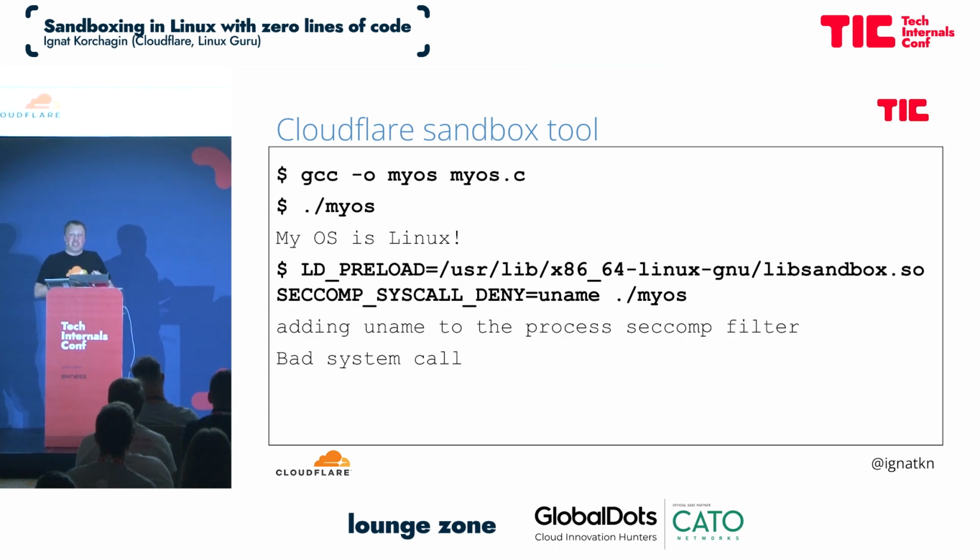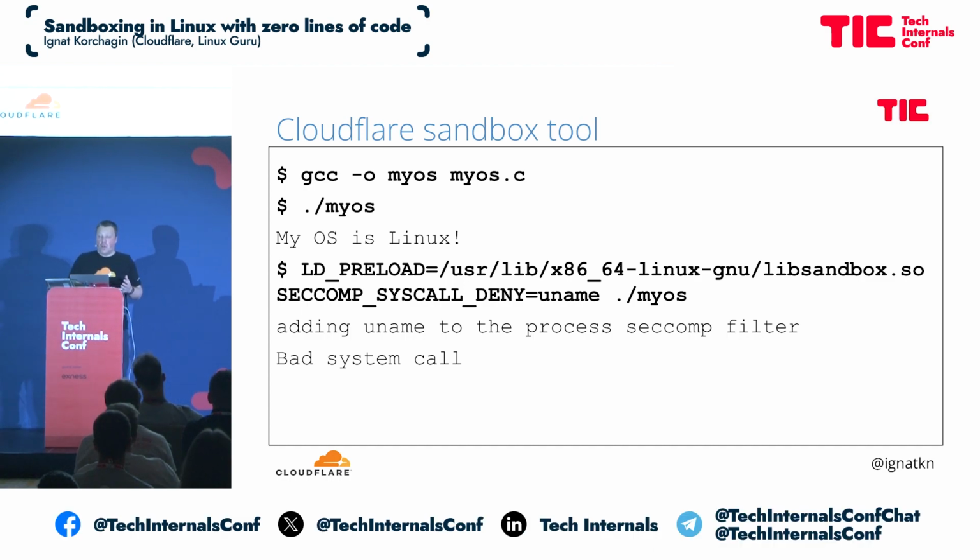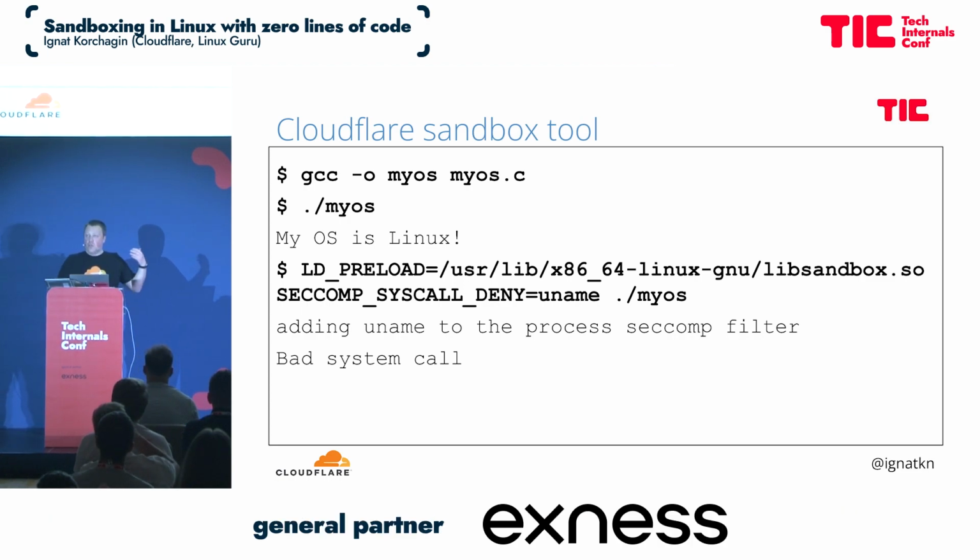And now, to sandbox the application with our library, you don't have to modify the code, but you have to load the library into the process address space. One way of doing this is to use the LD_PRELOAD directive on Linux. You load the library into the process address space, and again, you can specify either an allow list or a deny list of system calls.